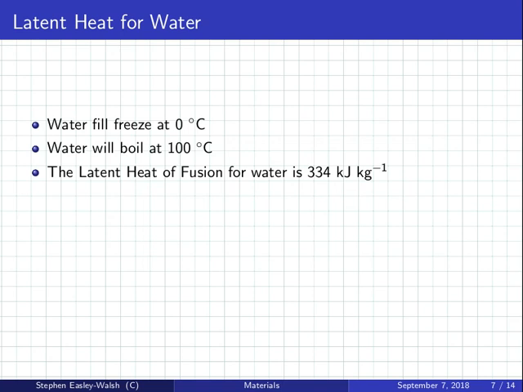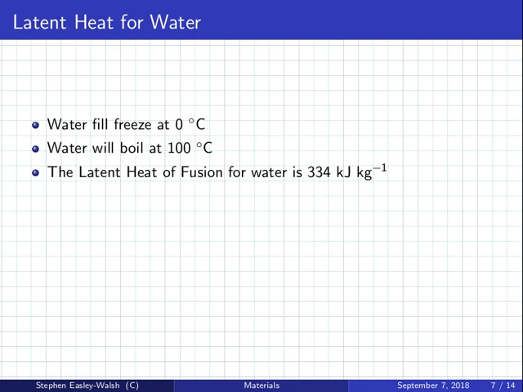But the latent heat is 334,000. In other words, it takes much more energy to melt ice than it does to just warm water. It actually takes a lot of energy to melt a kilogram of ice. That's good news, because when you put ice in your cold drink, it stays ice for a long time.